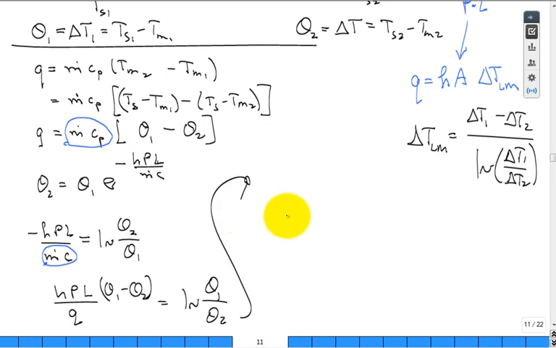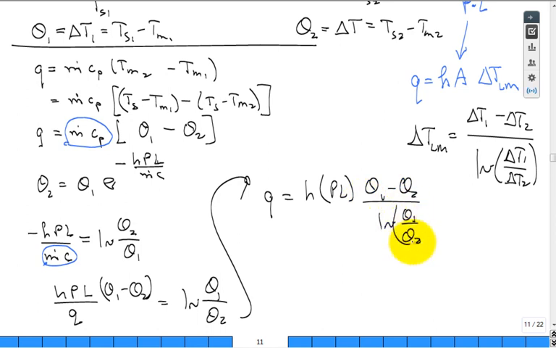So Q is equal to H PL theta 1 minus theta 2 divided by the natural log of theta 1 divided by theta 2, and QED. In Latin, as we wanted to show, we have now shown. It's been demonstrated. So that's the appropriate temperature difference. This is our log mean temperature difference right there.